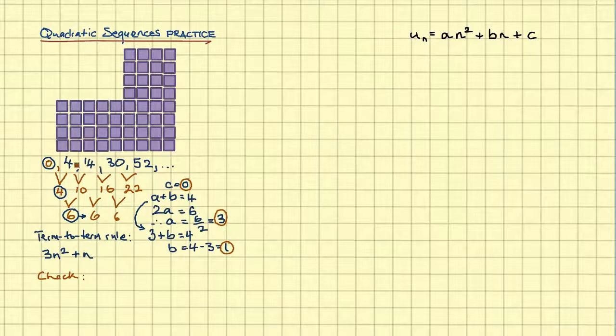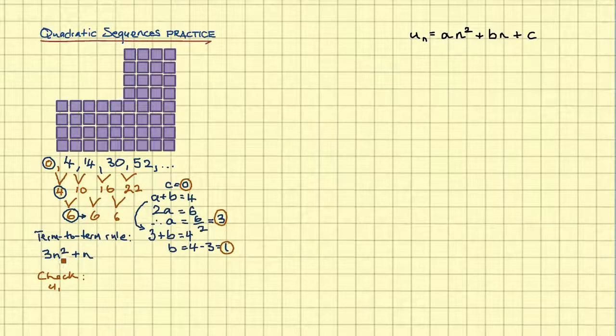But as we always say in these videos, always a good idea to check. So have we got the right answer? Let's do a quick check down here. We only need to check the first couple of terms, so we'll check u1 and u2, the first 2 terms, by plugging in 1 and then 2 into our term to term rule.